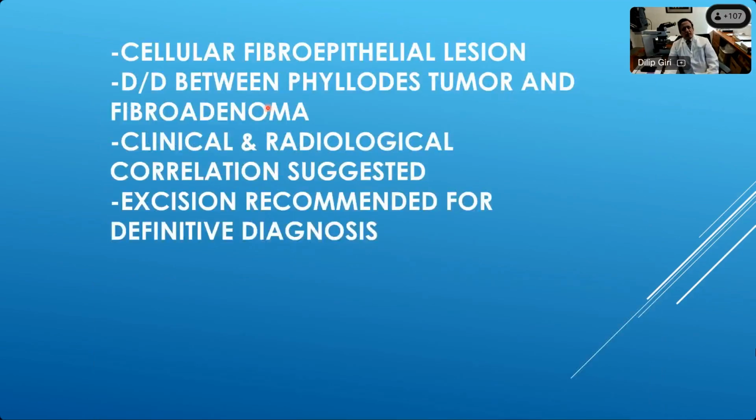So one thing that you can always do if you are not sure is to say this is a cellular fibroepithelial lesion, and the differential diagnosis is between a Phyllodes tumor and a fibroadenoma, and clinical and radiological correlation is suggested. And you can also say excision recommended for definitive diagnosis. Now, this kind of excision recommended may not really be liked by the patient or even by the surgeon.